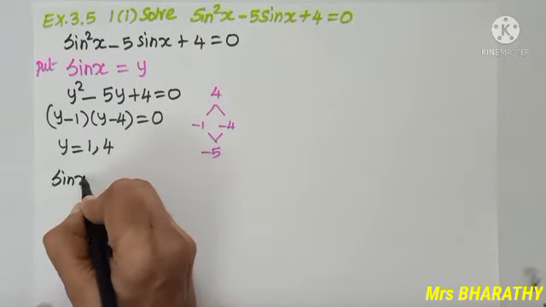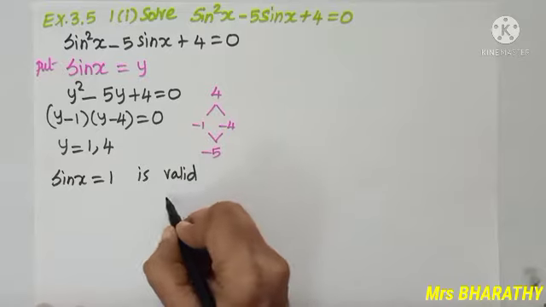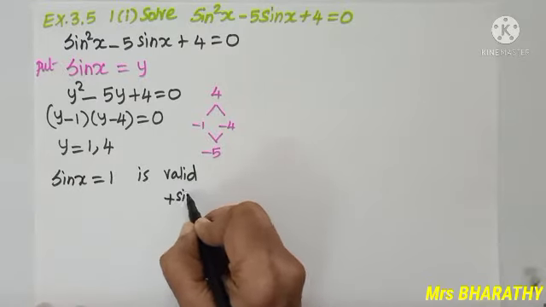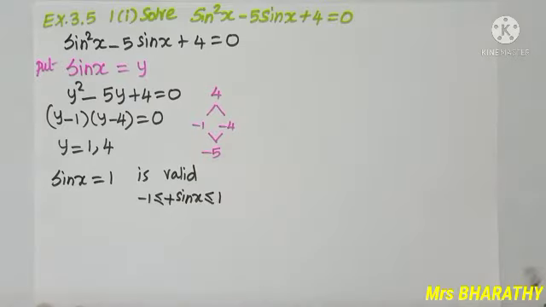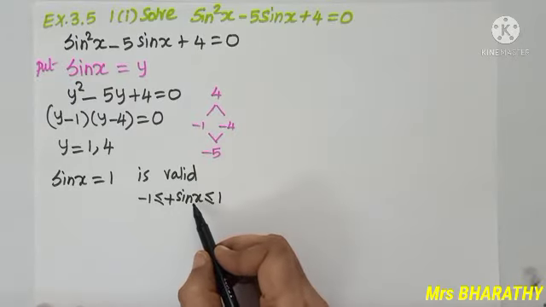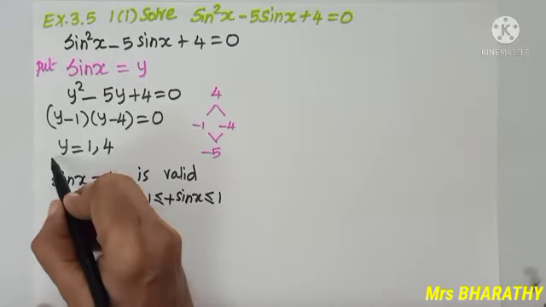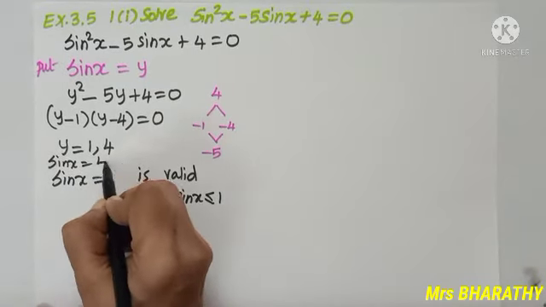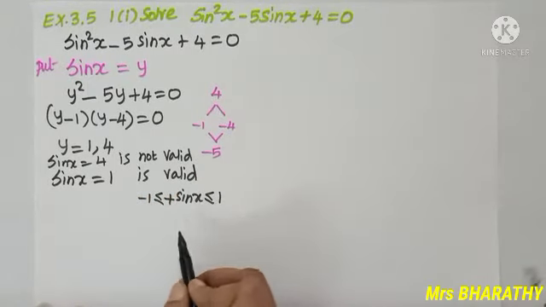Sin x equals 1 is valid because sin x can take the value only between minus 1 and plus 1. So sin x equal to 4 is not valid. So only which answer is valid? Sin x equal to 1.